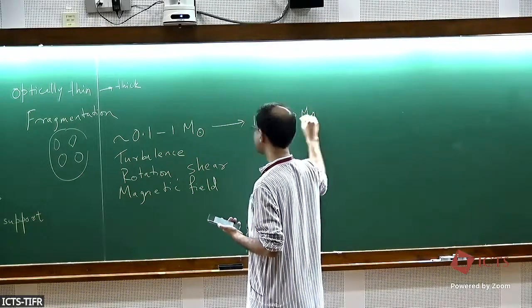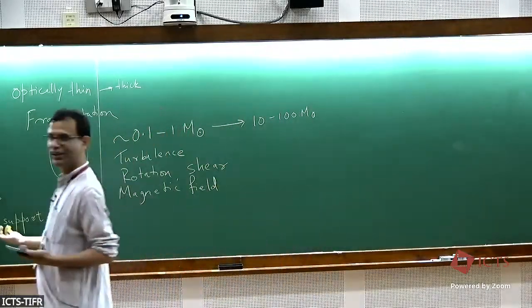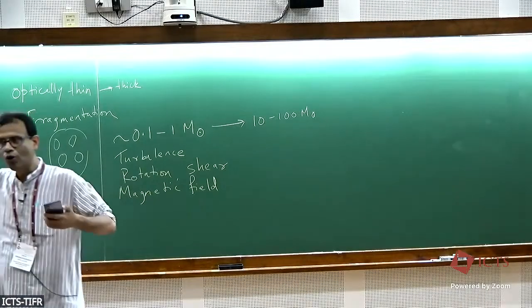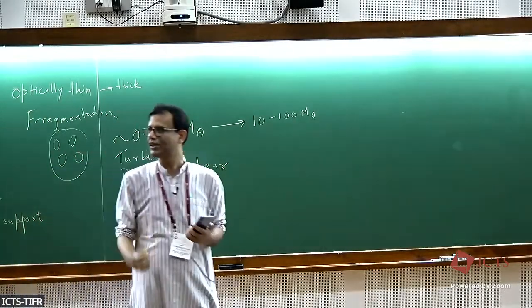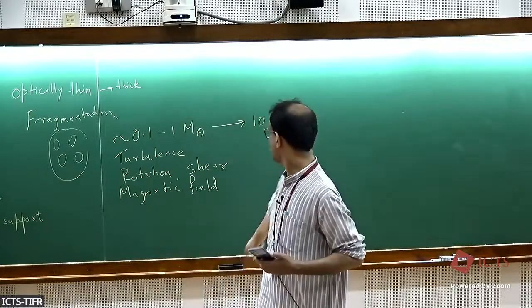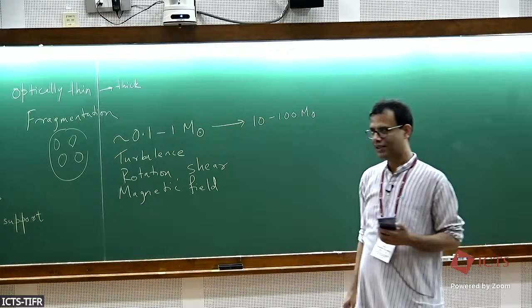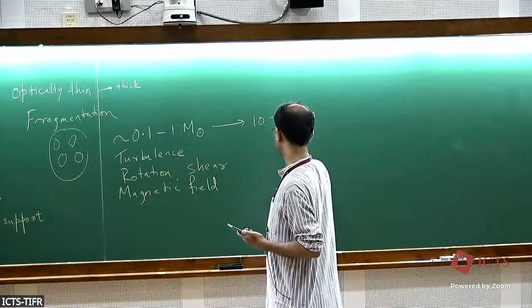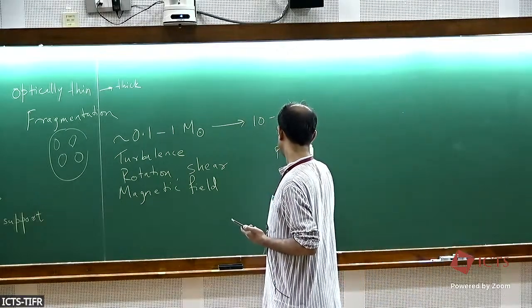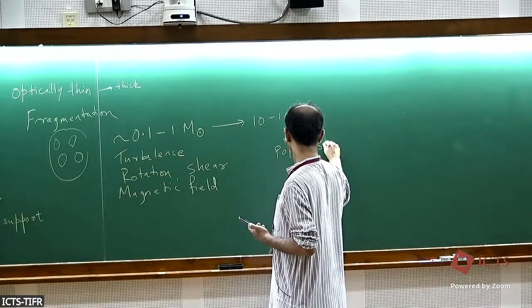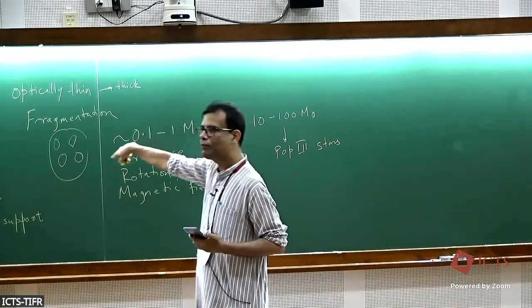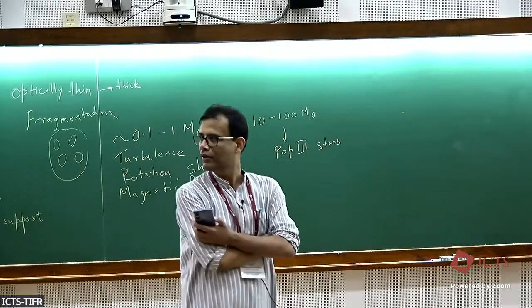Why? Because the cooling is not efficient and you cannot go down too much. You get pressure supported very early. That is why we believe that the first stars are much heavier than the stars we see around us today. These are what are known as population 3 stars. So it is really this cooling process which sets this scale.